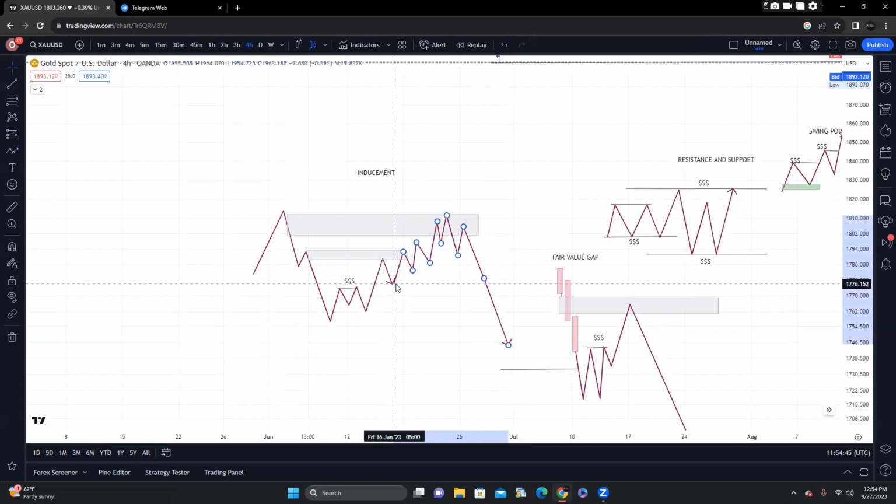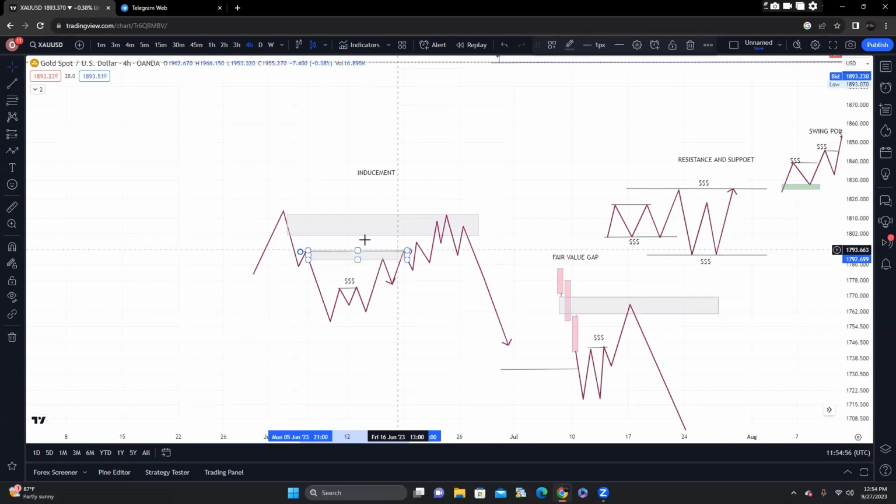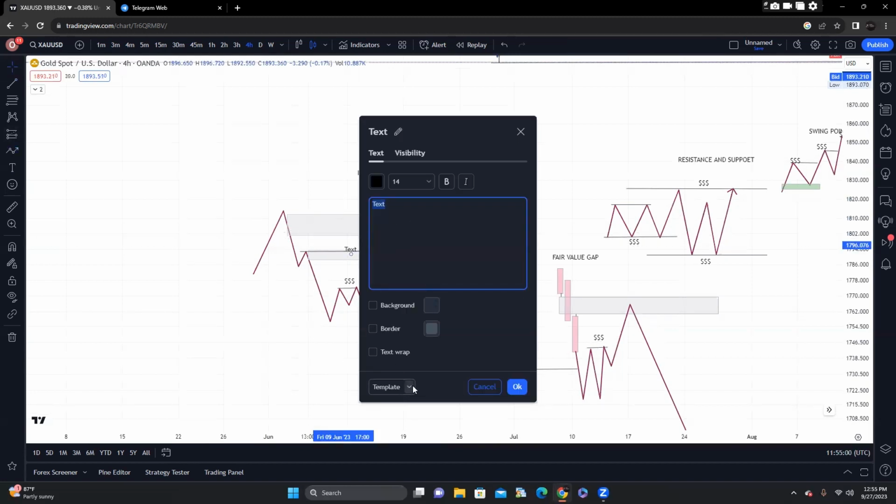So this is the area in which price induced you to get in the market. In actual fact, this level is also an area of liquidity. Liquidity is also resting there, in the form of an inducement.